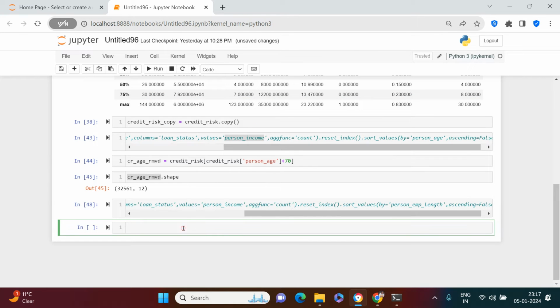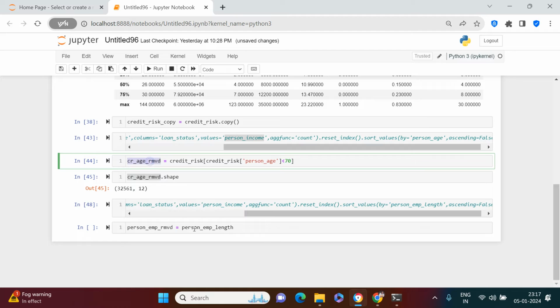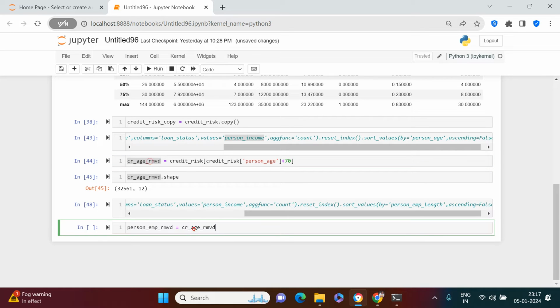So for that, here I'm going to say person emp removed equals to this data, and then over here again this one, then comes this employment length.